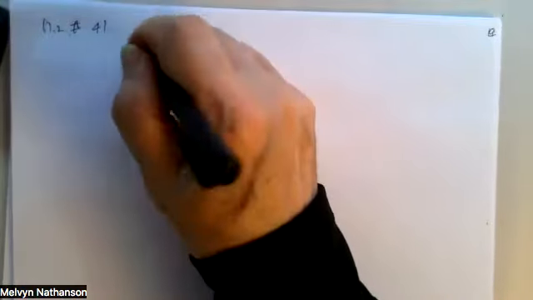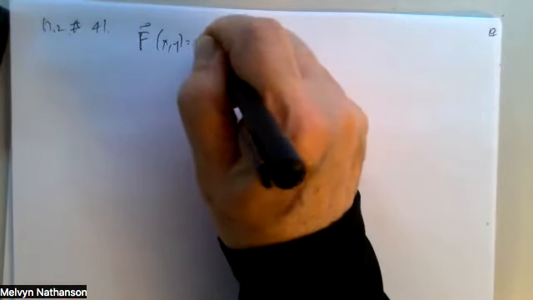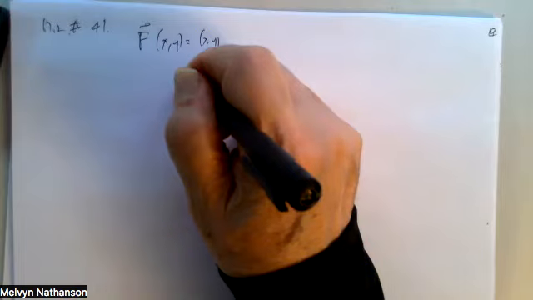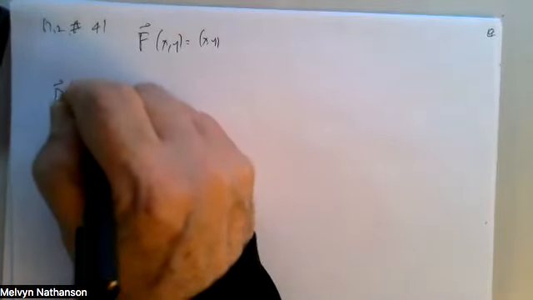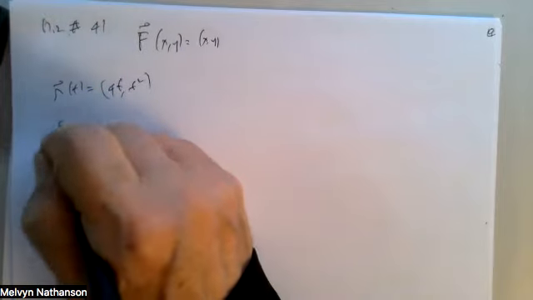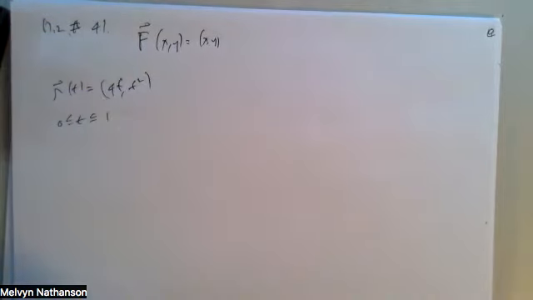We have a vector field F, where F of x, y is just x, y. So this sends every vector to itself. And we have a curve parametrized by a function r of t, which is (4t, t squared), for t going from 0 to 1.